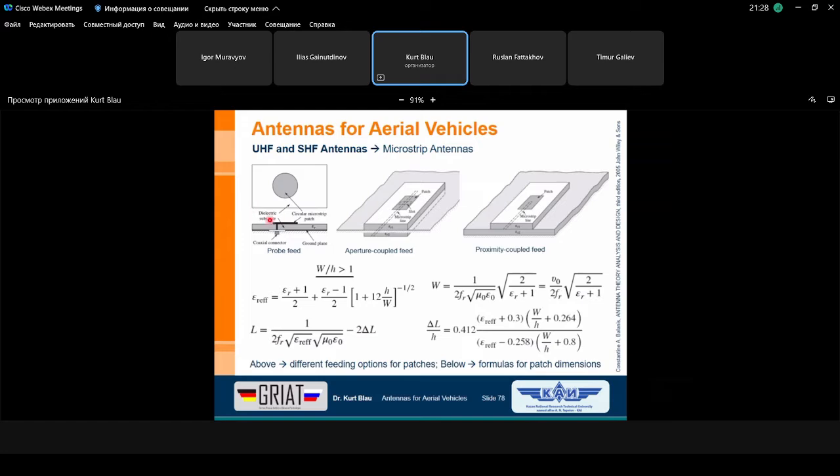This here is a galvanic contact, and here we have radiation contact, meaning non-galvanic. It's an aperture coupled feed. There is a slot here in the ground plane, and through the slot, excited by a microstrip line, we can also excite this gray upper patch.